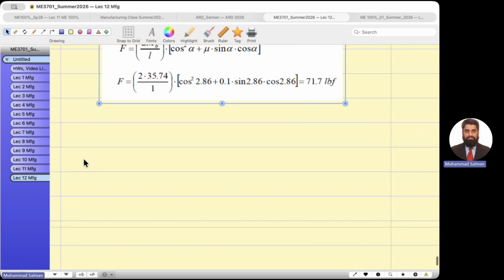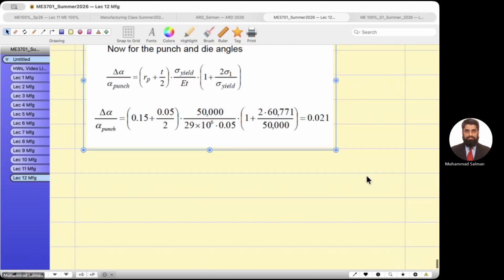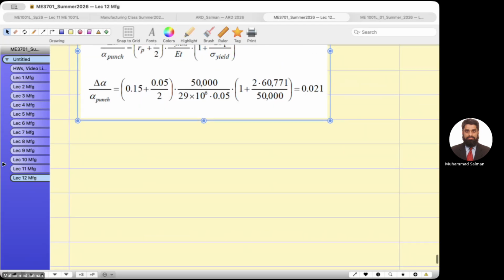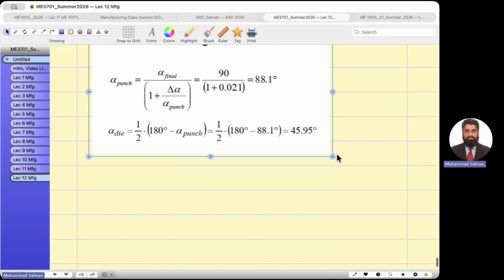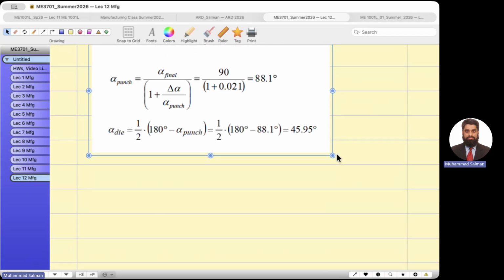So over here, this is the punch angle 88.1, and it makes sense to me because if you reduce the punch angle, it will further push this down into the die, and the sheet metal will have 90 degrees.